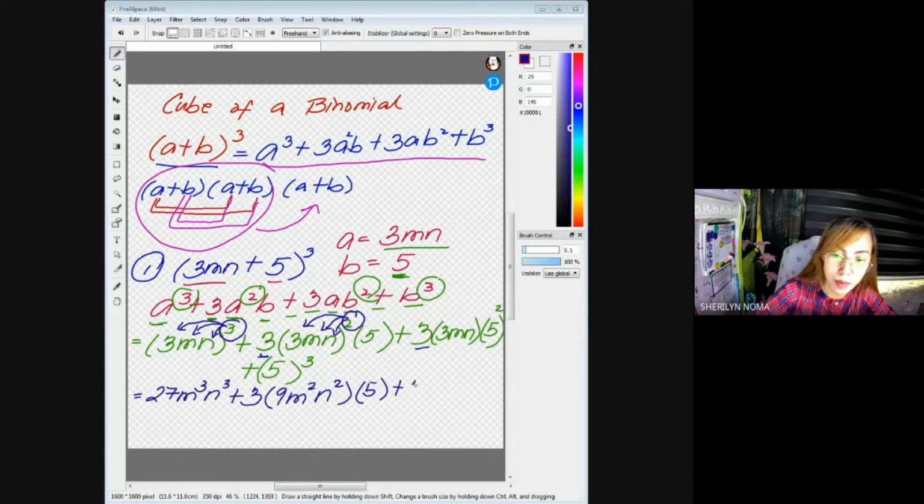So again, let us copy the number outside the parentheses muna. And then, 3mn. And then, eto na. Yung squared. So, 5 squared, that is not 5 times 2 ha. That is 5 times 5. 25. Okay. Next, plus tayo. So, 5 cube. 5 cube po. 5 times 5 times 5.